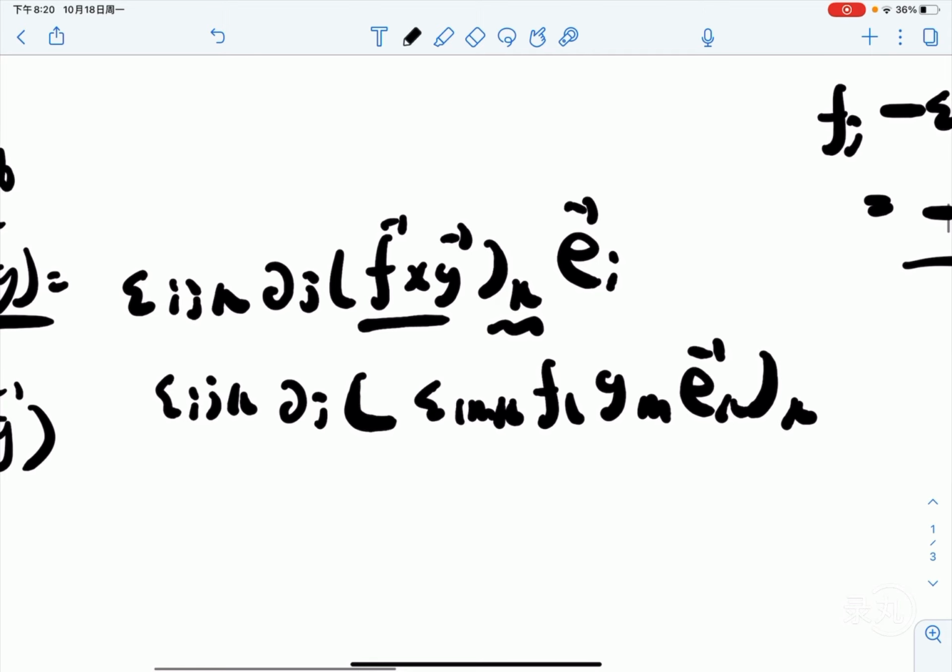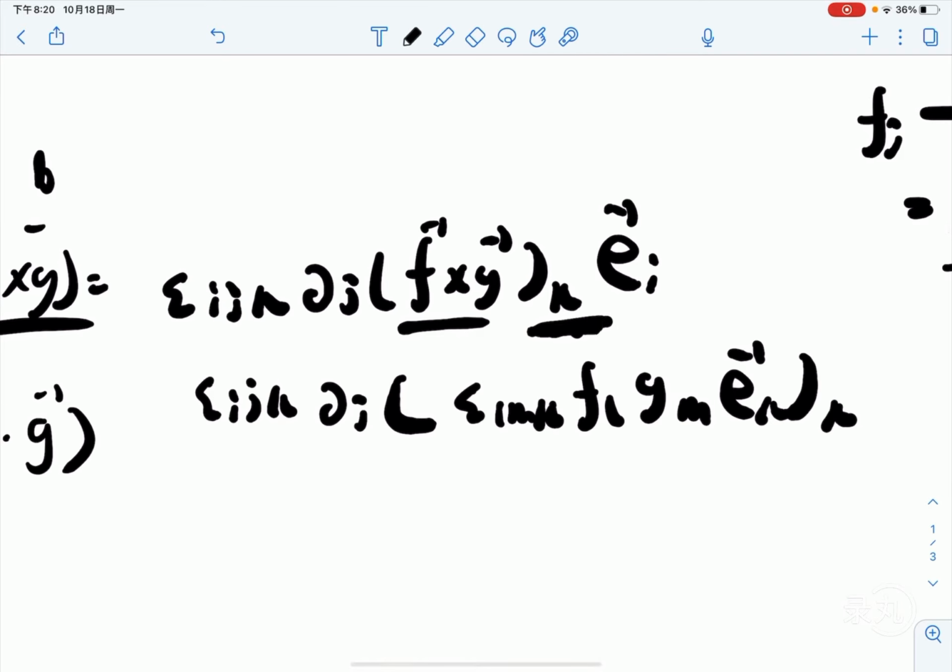Just to be clear, there must be a K term, because we take the K factor, okay?